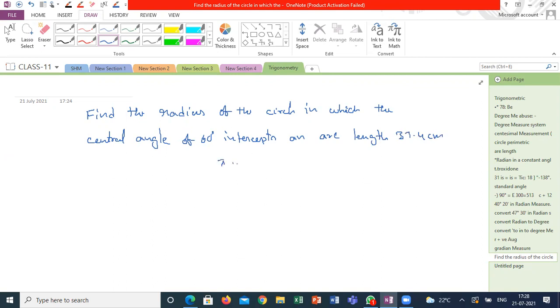Consider pi is equal to 22 by 7. So L is equal to r theta. He is saying 37.4 centimeter is the length of the arc. Find the radius for a degree measure of 60 degrees.